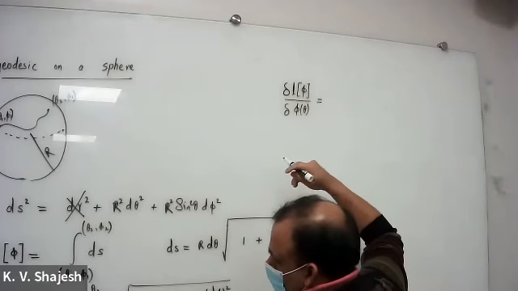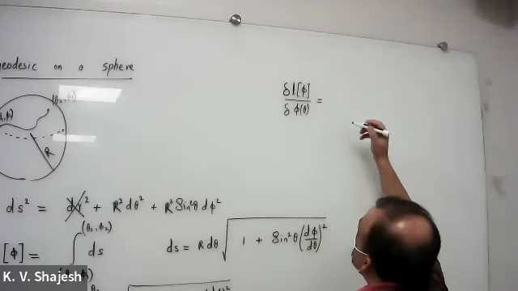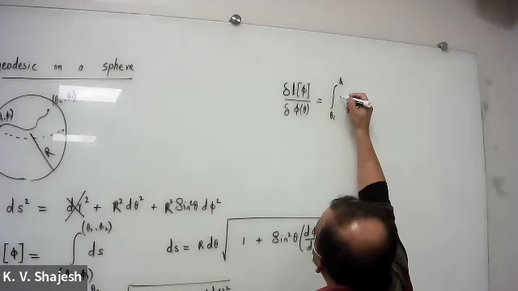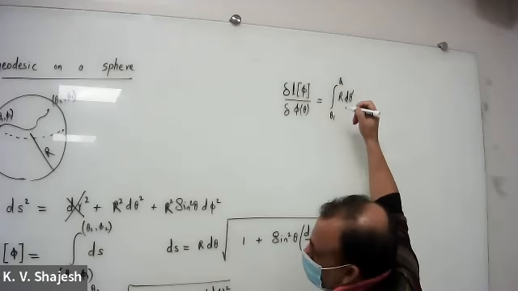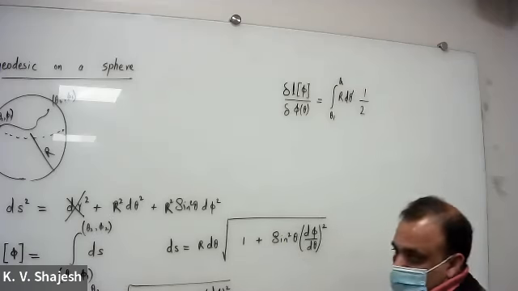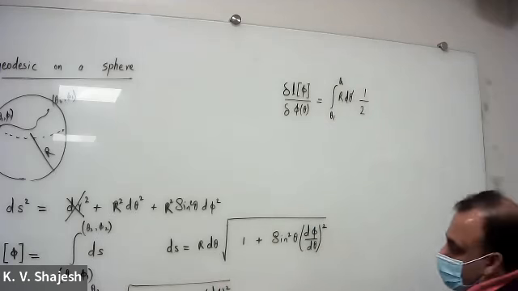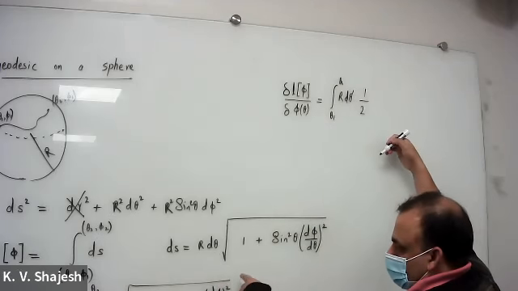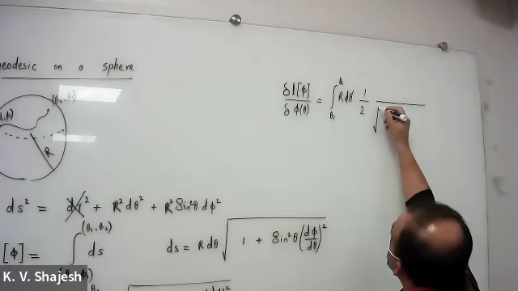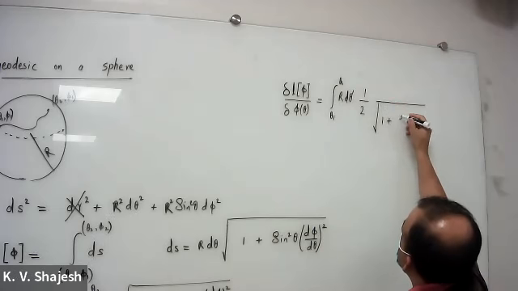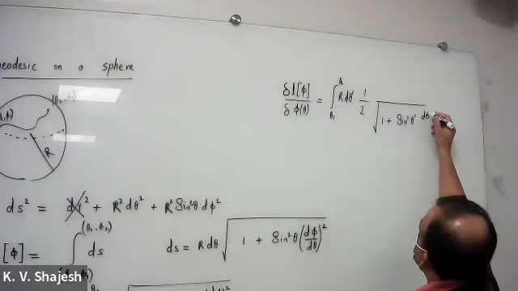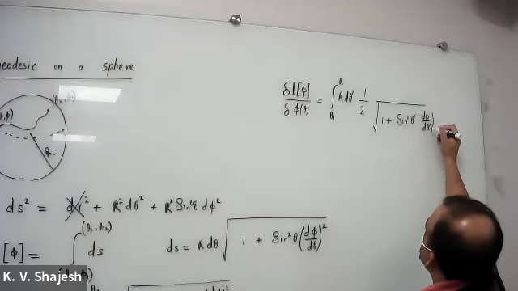So this is equal to, it gets inside, of course, the integral from theta 1 to theta 2. This is a square root, so I have to do 1 over 2. That's the power of the square root. And when I take the square root, it is 1 by 2 minus 1, so it comes in the denominator. This is 1 plus sine square theta times phi prime square.